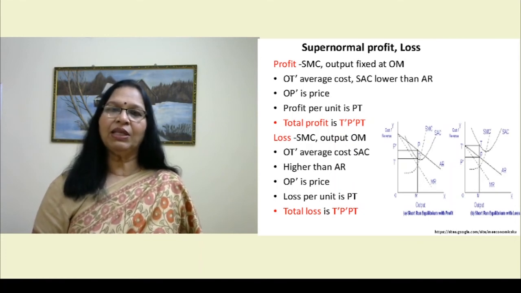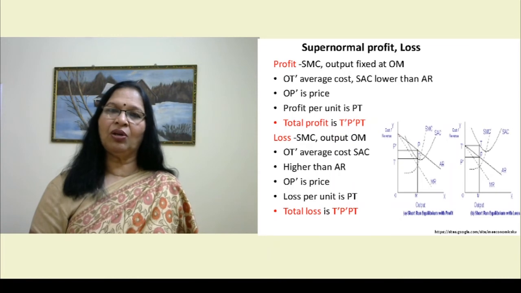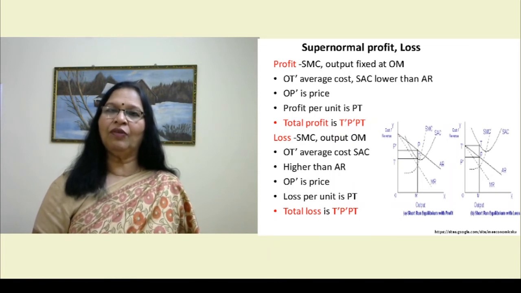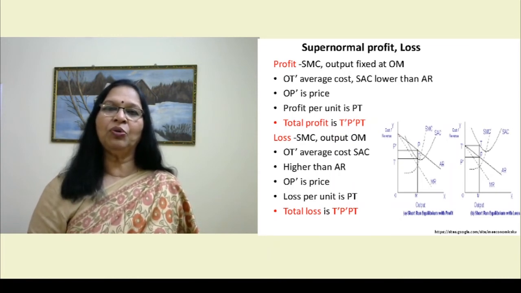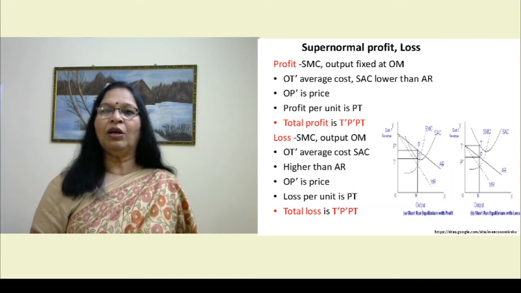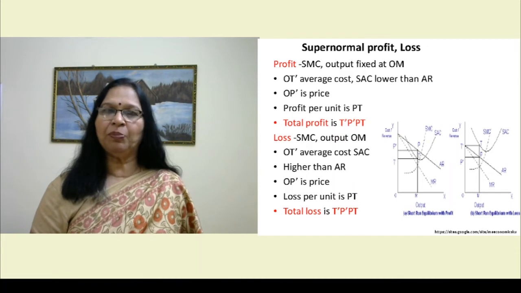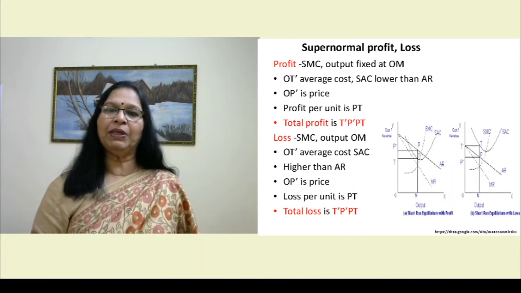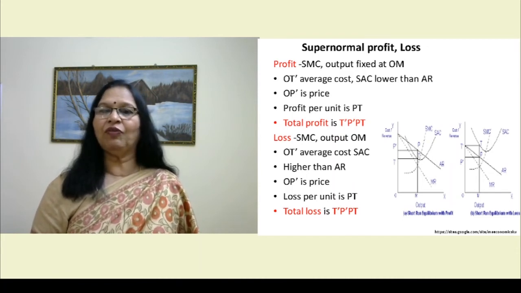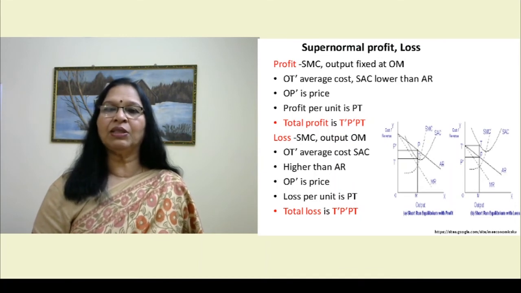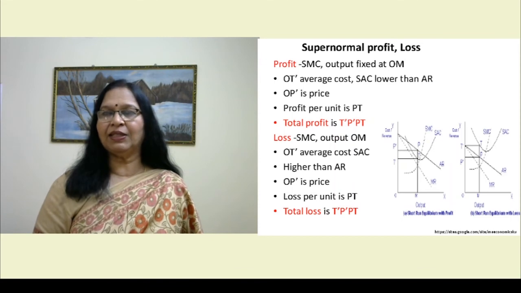Once the short run average cost curve is lower than the short run average revenue curve, it means that per unit there is a certain amount of profit that the firm is making. So this profit per unit of the firm is PT, and the total profit for the entire units that it is producing, OM, is T dash, P dash, P and T.